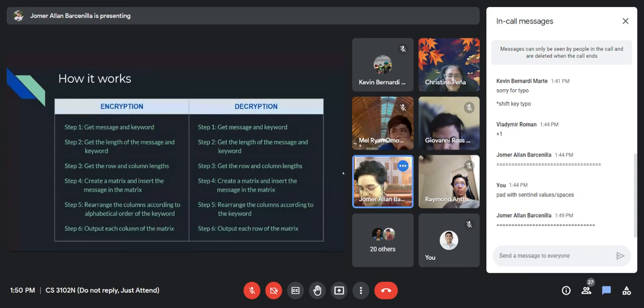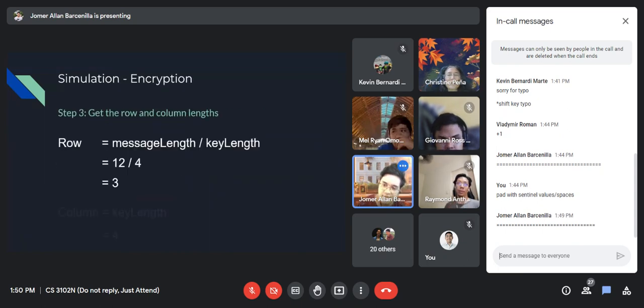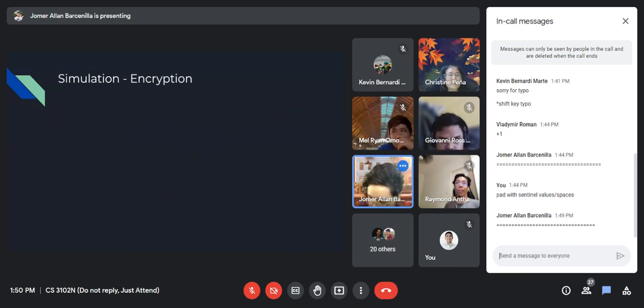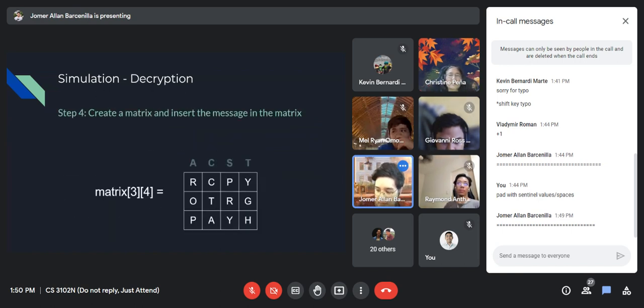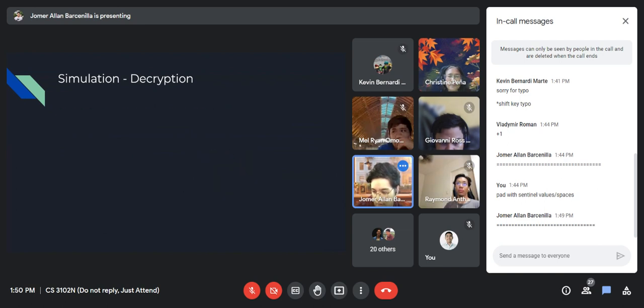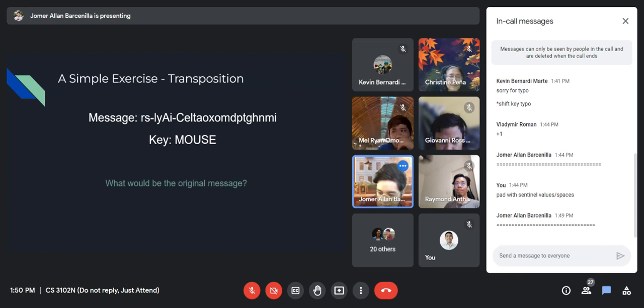So done with the screenshot. I'll go to the question. What would be the original message of the encrypted message?